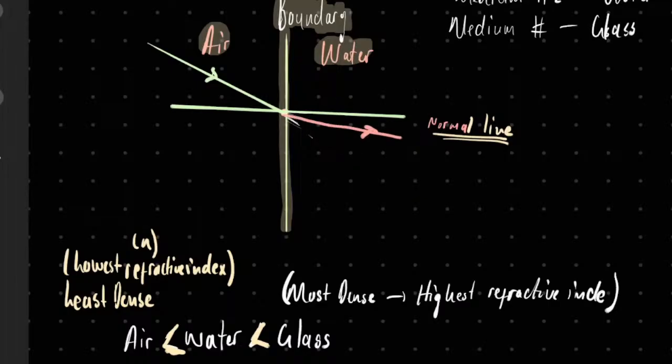Now you can remove this one. So this should be your final solution, something like this. It should have gone like this, but it went like this. So it's closer to the normal line. So it bent towards the normal. So you put it like this. This is your new ray. It's bent towards the normal.